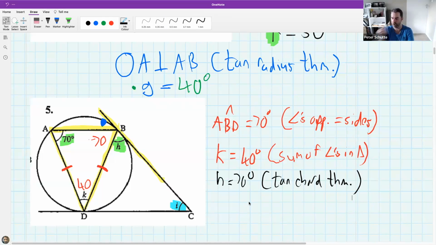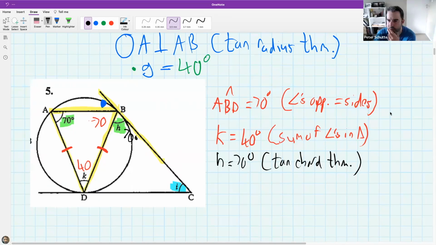Now, the last thing we have to worry about is I. How are we going to find what I is? What theorems haven't we used that might be relevant in this picture?